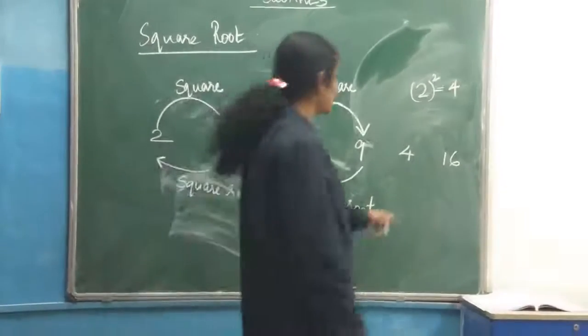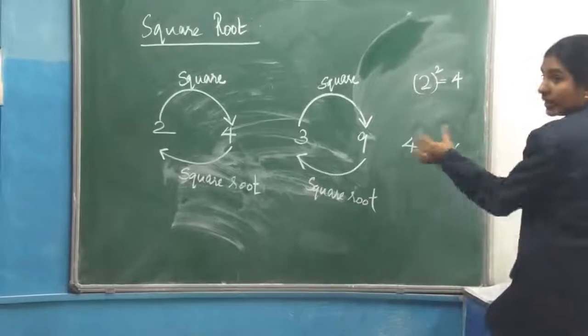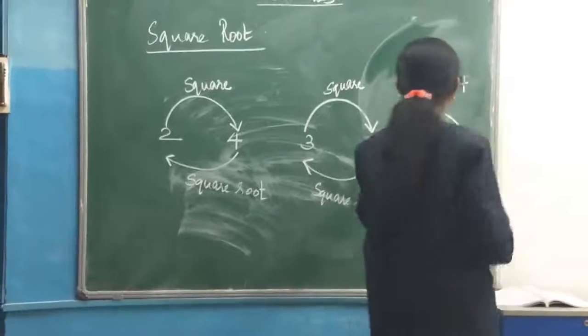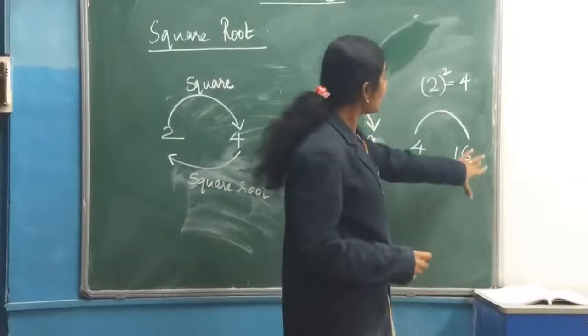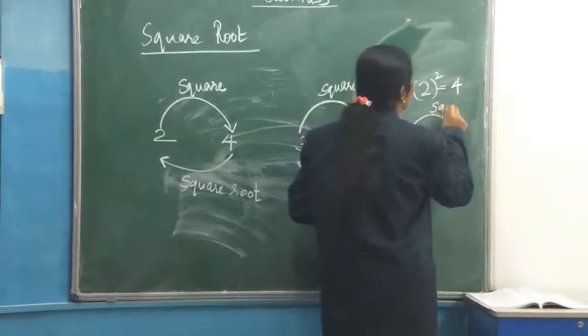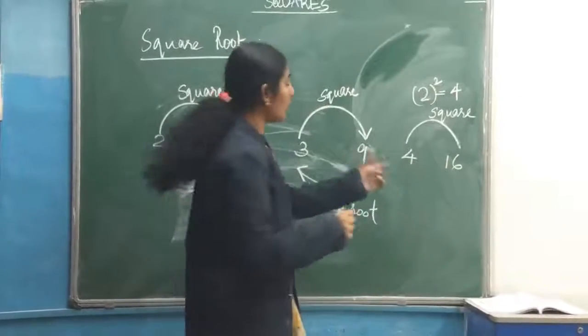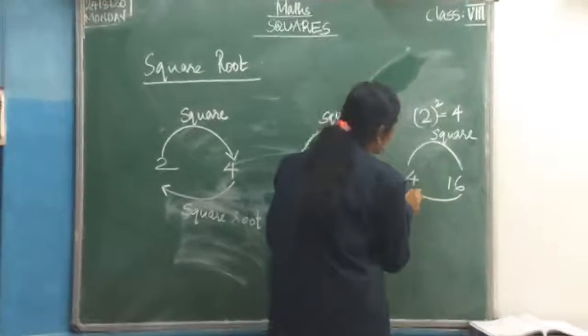Next you see 4 and 16. What is the relation between 4 and 16? The square of 4 is 16. So what is the square root of 16? That is 4.